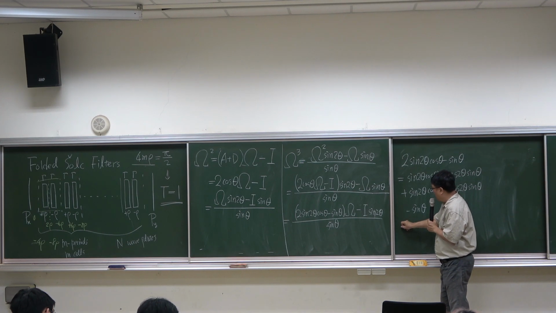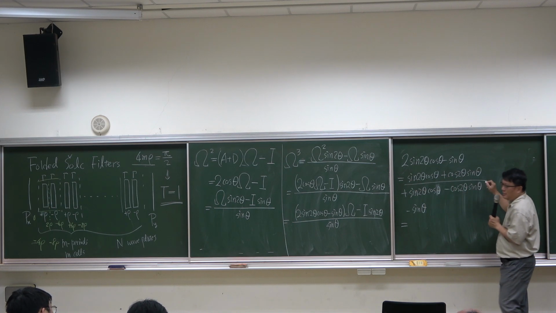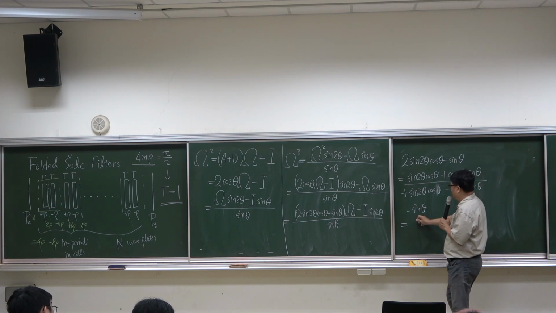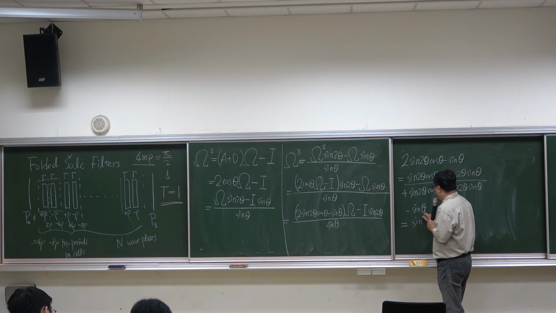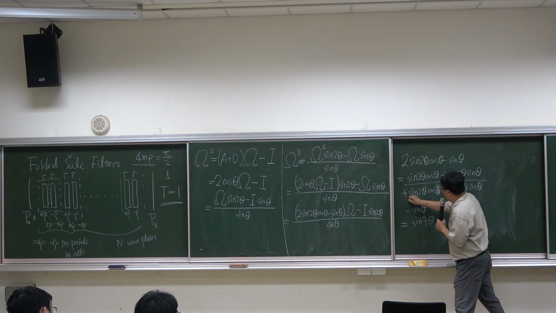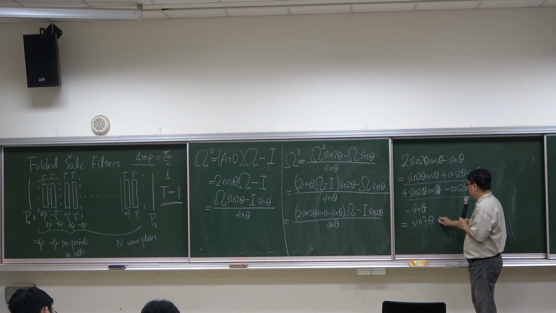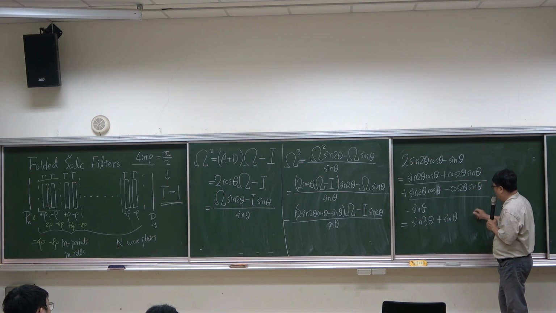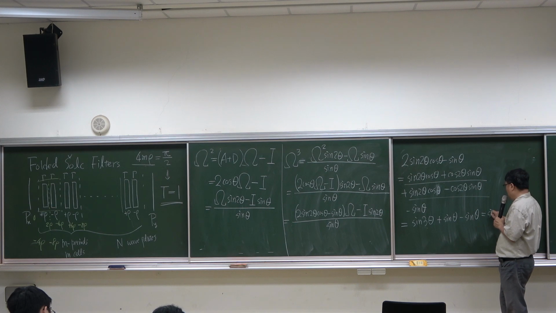However, the first one gives us sine 3 theta, and the second one gives us sine theta and minus sine theta. So finally we get sine 3 theta.